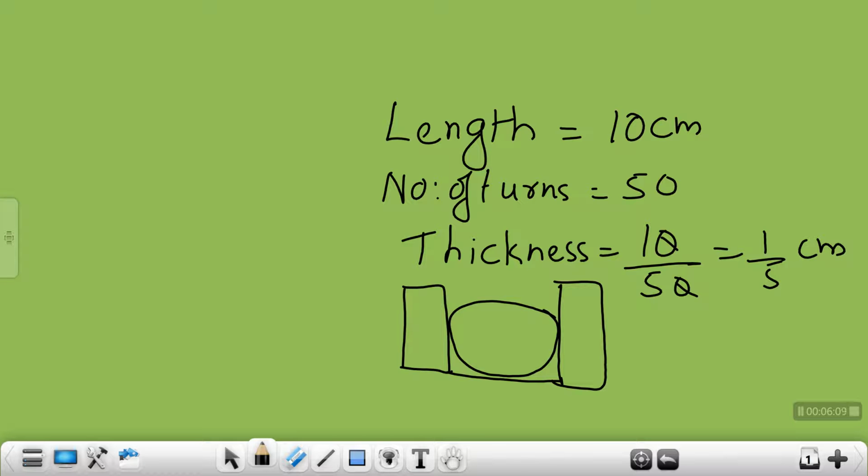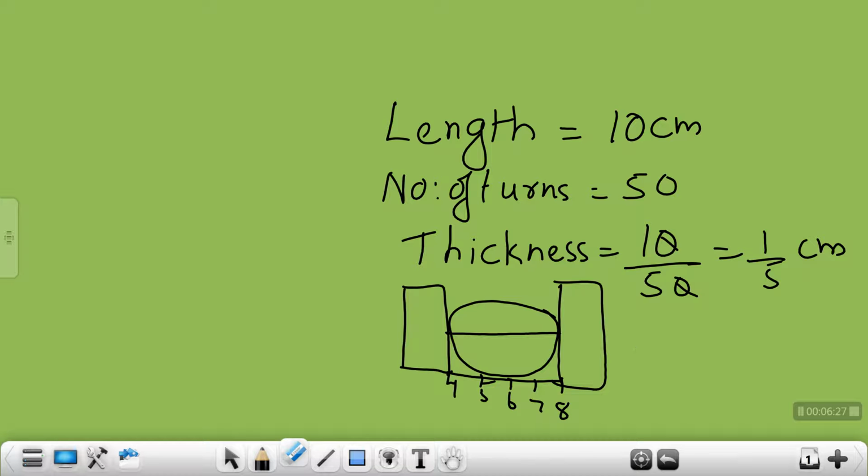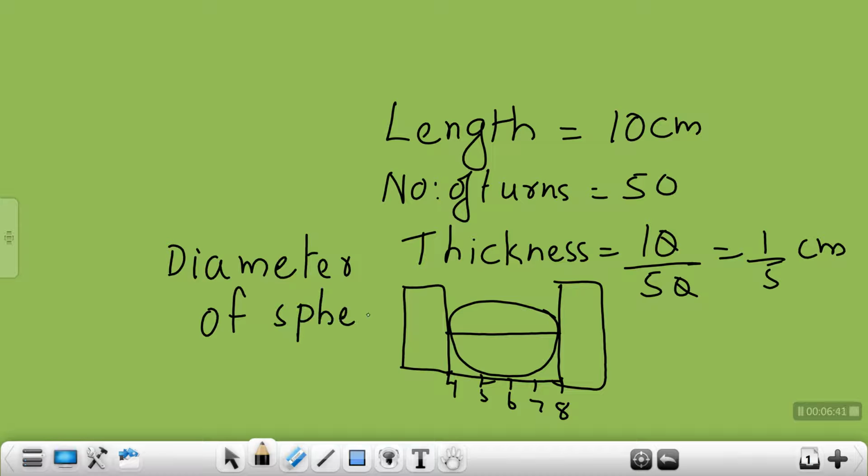Suppose the scale is marked 4, 5, 6, 7, 8. So the diameter of the sphere is 8 minus 4, that is equal to 4 centimeter.